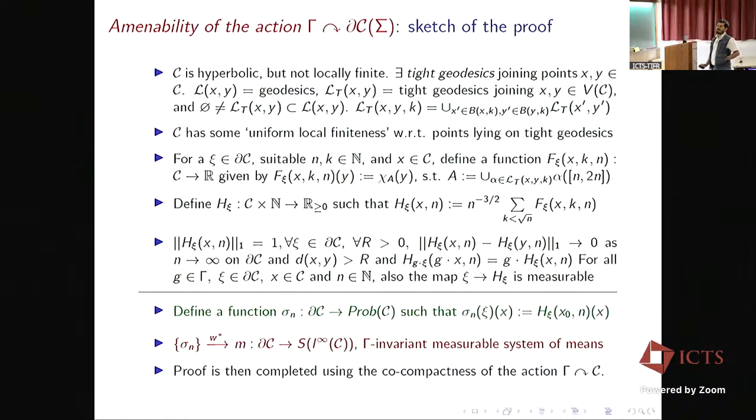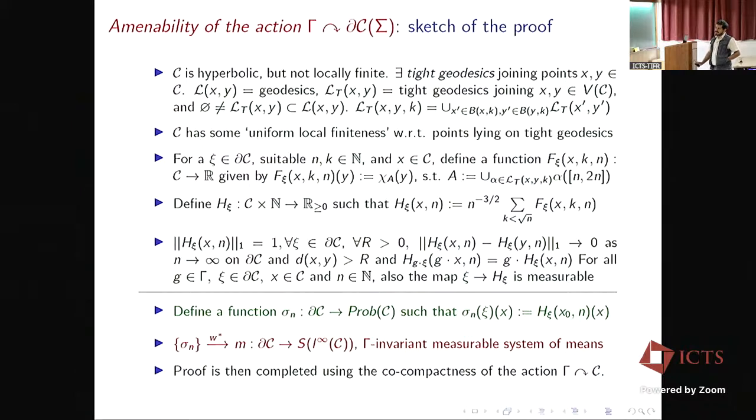Now, how do I get this map? I get this map like this. And this function is defined as the characteristic function of this set. Now, what is this set?